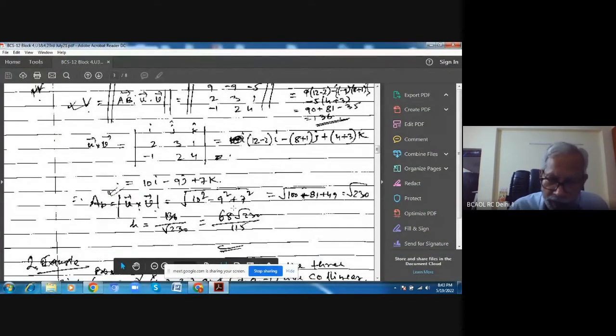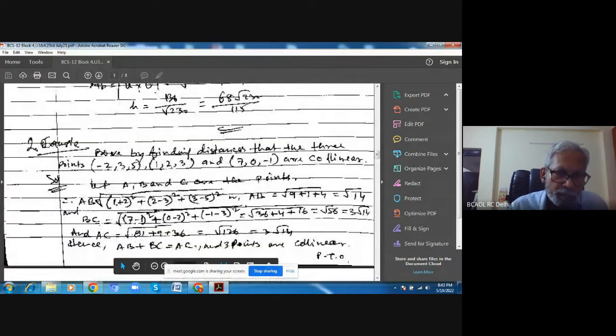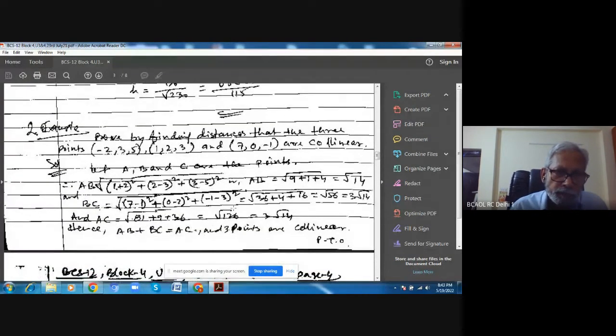I'll show another example. There are a lot of examples like this. Find the distance of the 3 points, 1, 2, 3 points. And collinear is another type, so you have to prove it is collinear. Collinear means, as I told you earlier, they should be almost the same value, or some proportion coming in sequence.